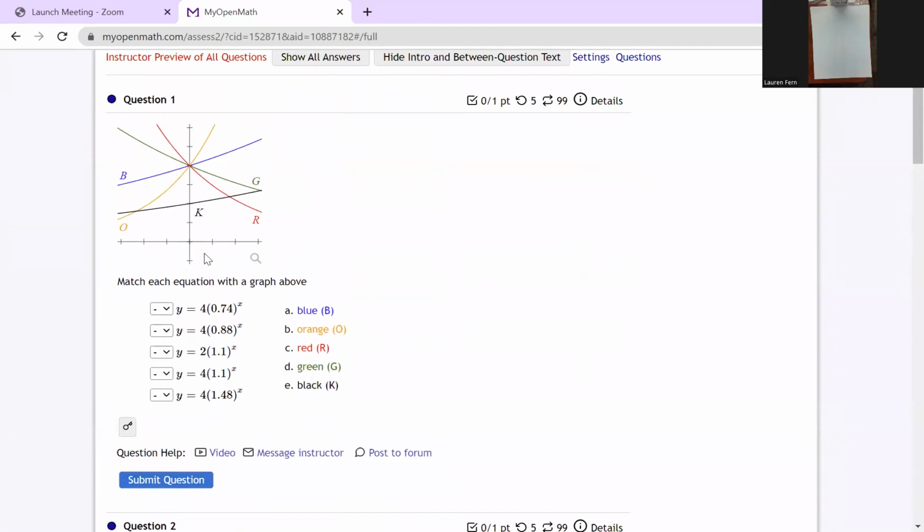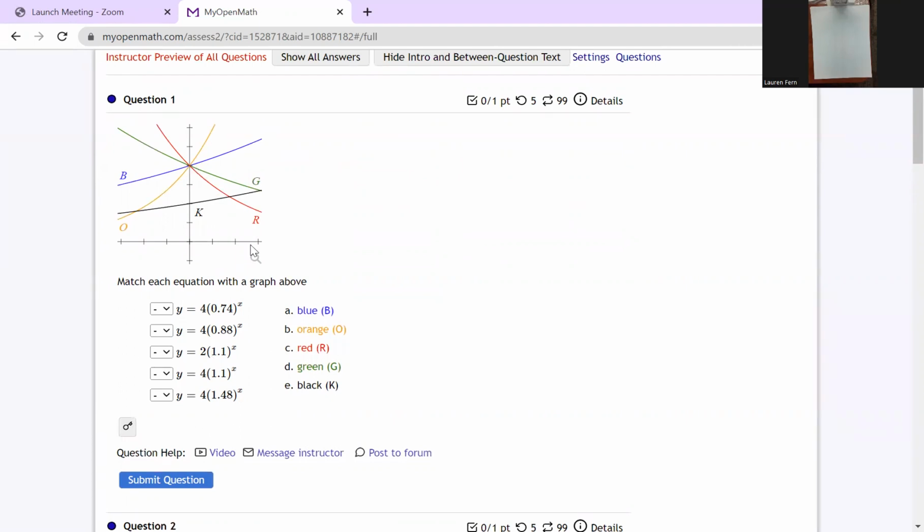What you're doing in these first 2 questions is playing match. Notice here we have some initial values of 4. Here we have an initial value of 2. I claim you can already tell which graph matches with that one, right? Because the initial value is our intercept. Notice that all 4 graphs go through the same intercept.